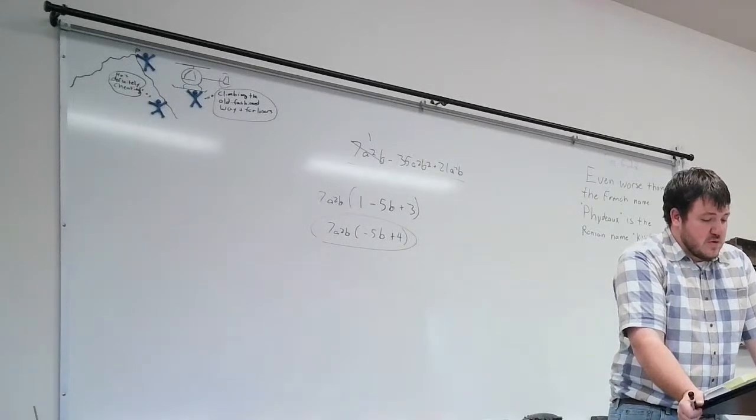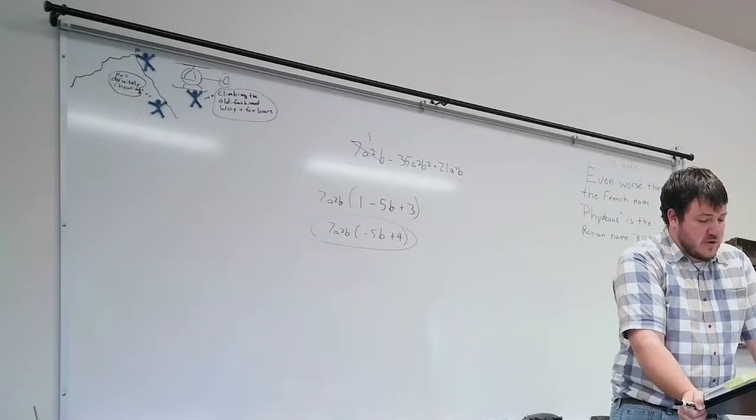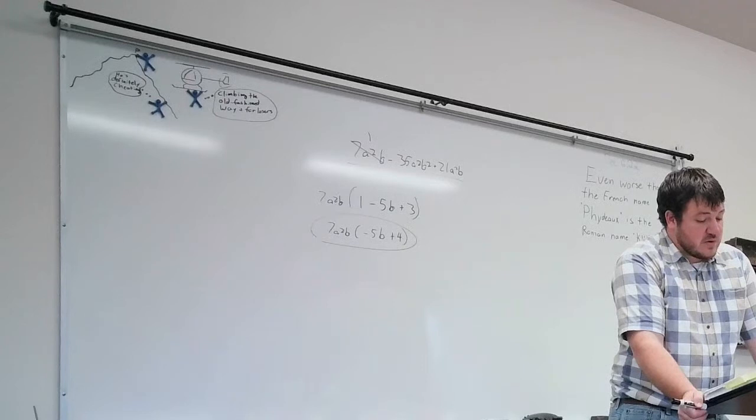Number 4, 12x cubed plus 2x squared minus 17x plus 5. Number 5, x cubed minus 2x minus x squared plus 3x plus 5. Number 6, 4z to the 4th plus 4z cubed plus 3z squared minus 2z plus 6.